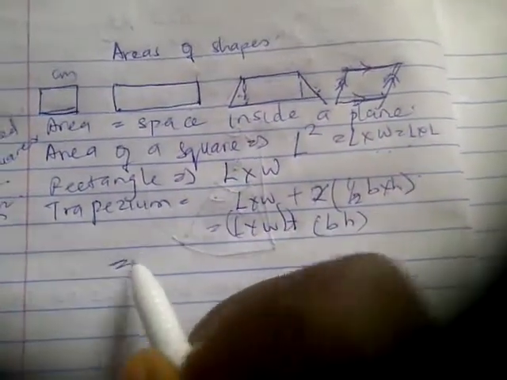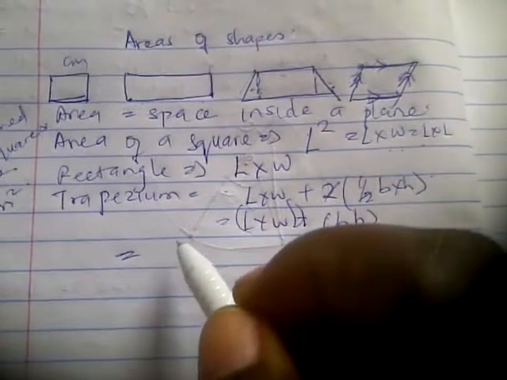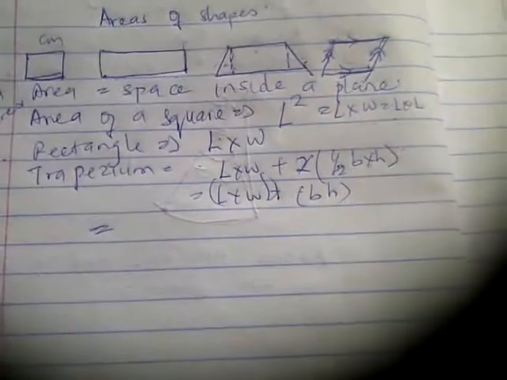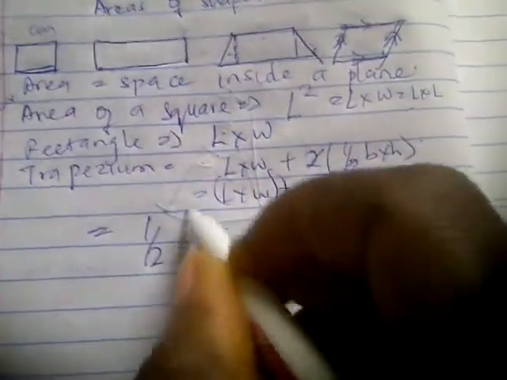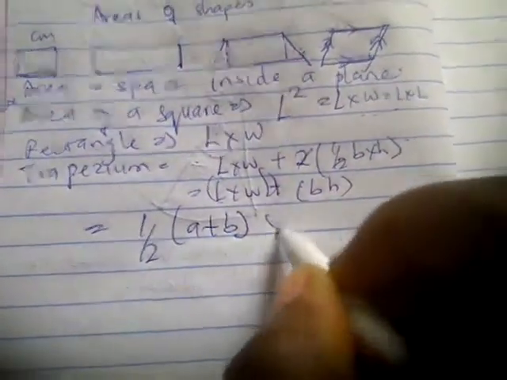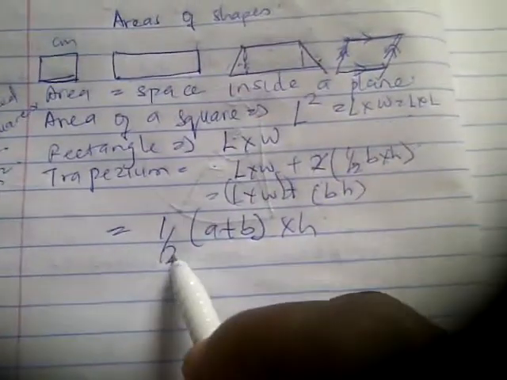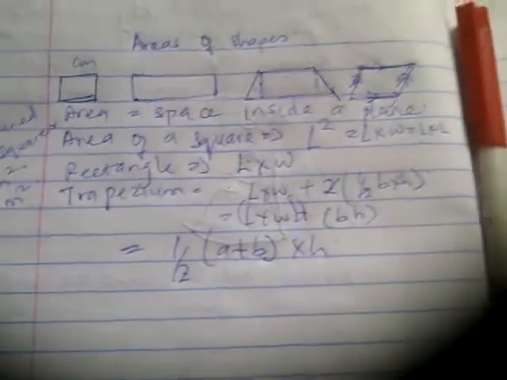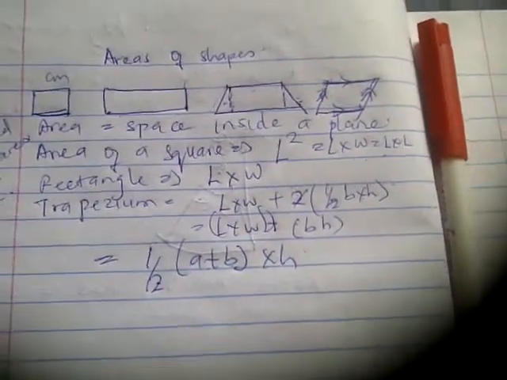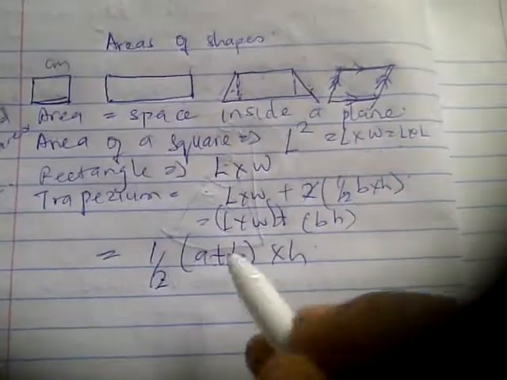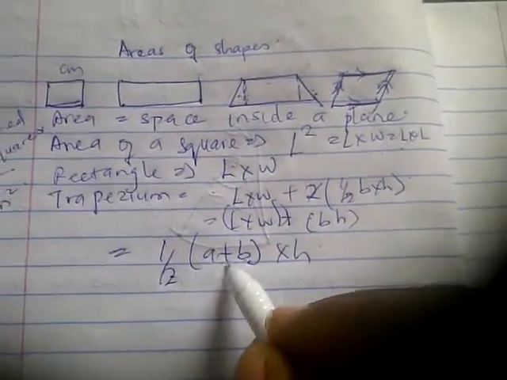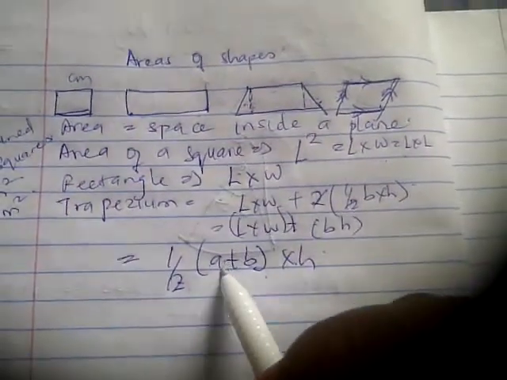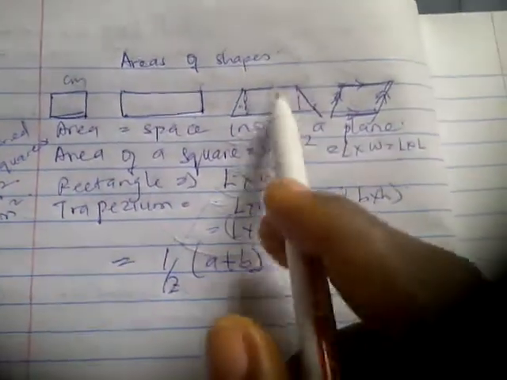Okay, but now we have an easier formula. Bringing it together, you can take it this way as half (a plus b) times h. Now what is this a plus b? Well, we're using this half because half base times height is the formula for a triangle, and length times width is the formula for a rectangle.